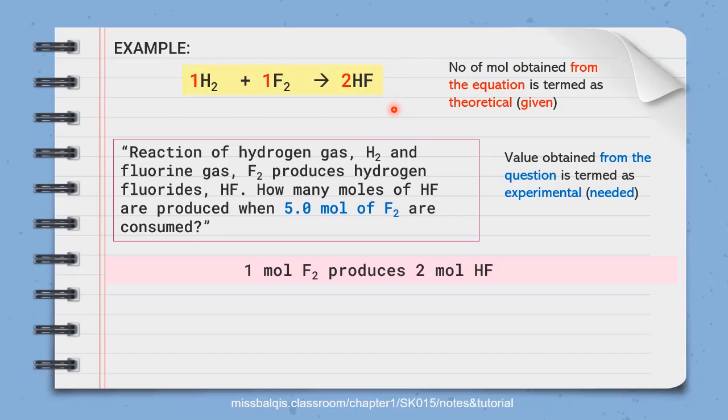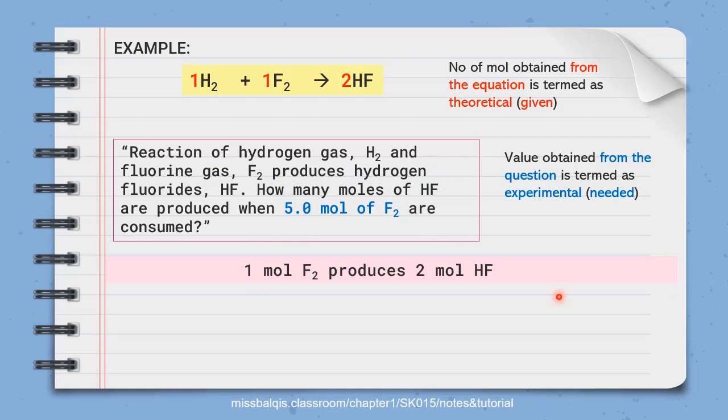Well, though there are so many relationships can be interpreted from the chemical reactions, we're going to focus only on the species that has value, because no point of doing something that won't give us any outcome. So focus on the species with value only. So you're given value in here, additional value, means we want to focus only on the F2 together with the amount of moles that we want to find for HF.